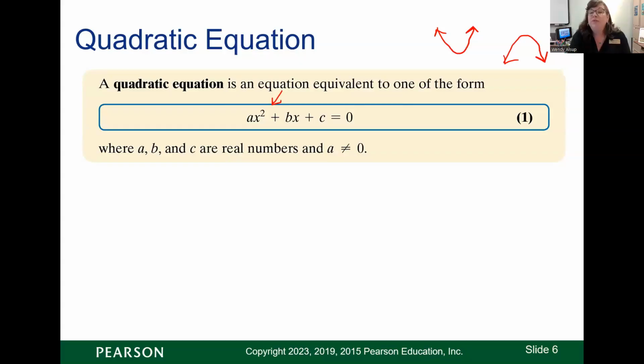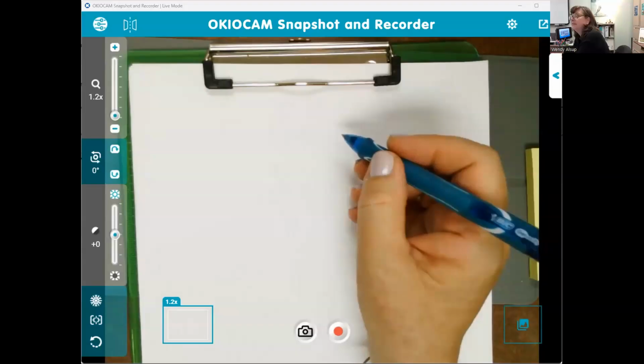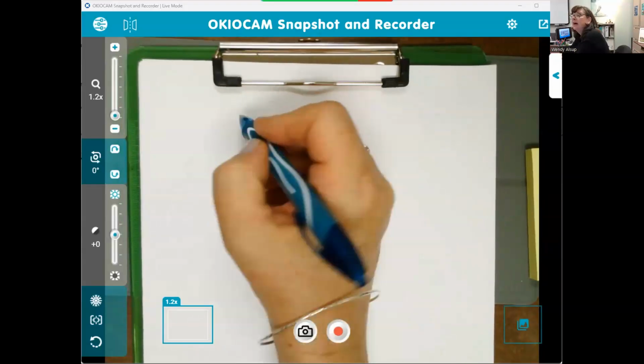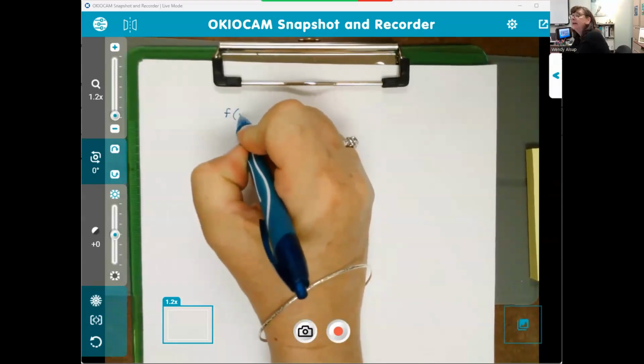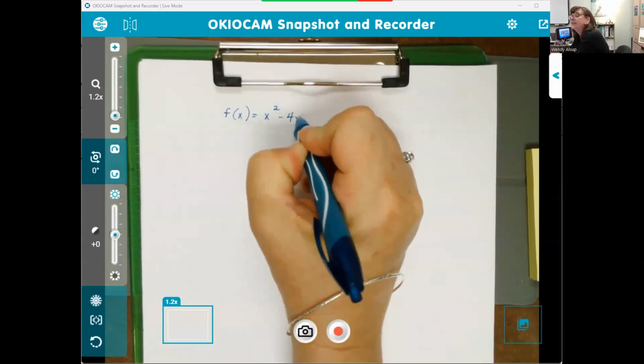All right, so we are going to solve quadratic equations, and the first way we're going to do it is by factoring. The first thing we want to factor here, I'm going to go over to my camera and write on it with my favorite gel pen. We want to deal with the function f of x equals x squared minus 4x plus 3.